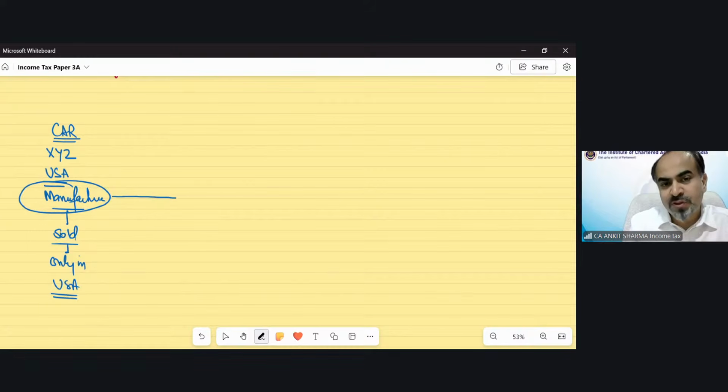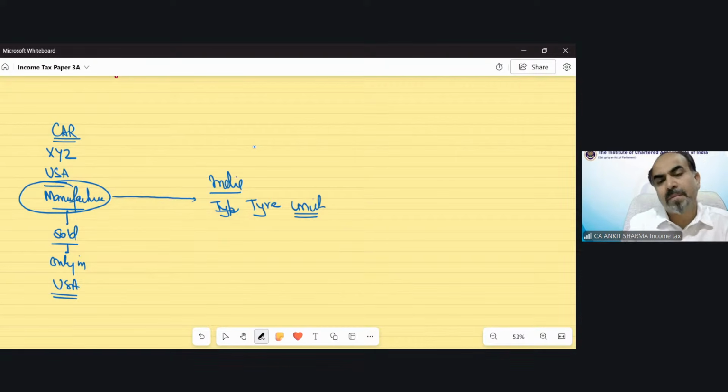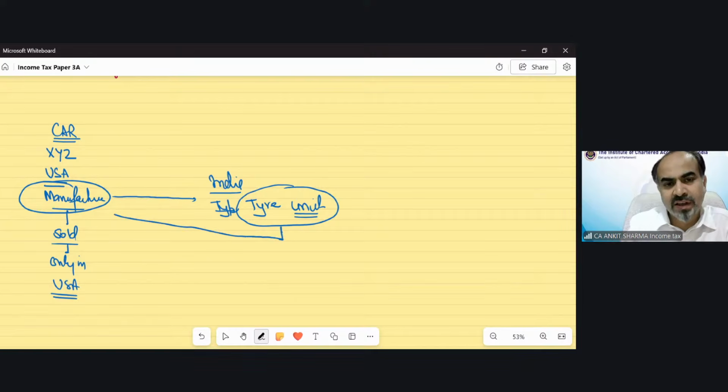Out of this manufacturing process, suppose the tire manufacturing unit is operated in India. So their unit manufactured tires in India, and these tires after manufacturing went outside India for the assembling purpose, etc. The car is completed, and all other activities are completed in USA.